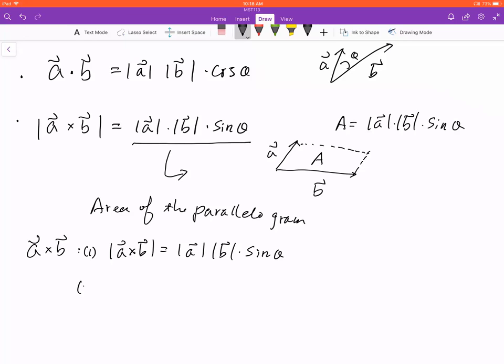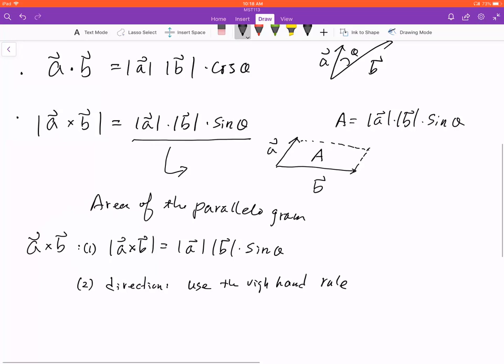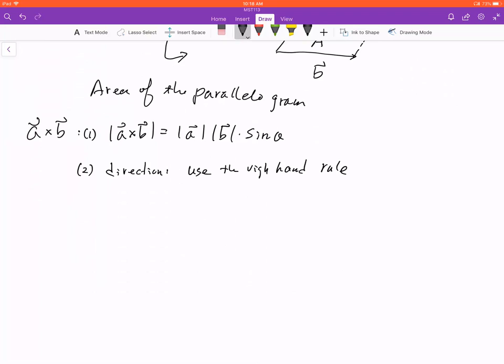Then we just need to look at the definition of the direction. For its direction, you use the right-hand rule. And how do you use the right-hand rule? Imagine you have vectors like this.